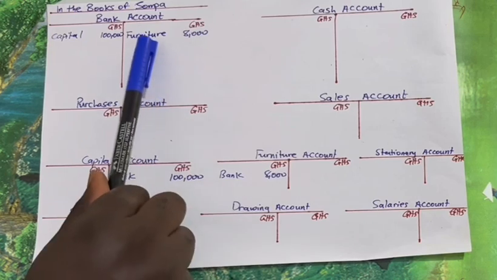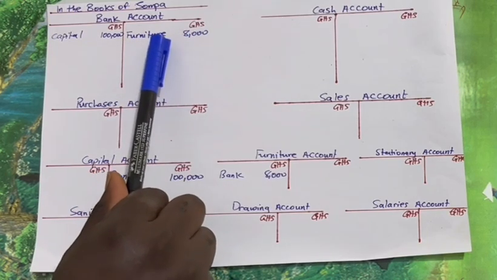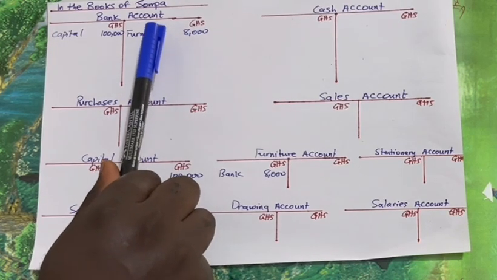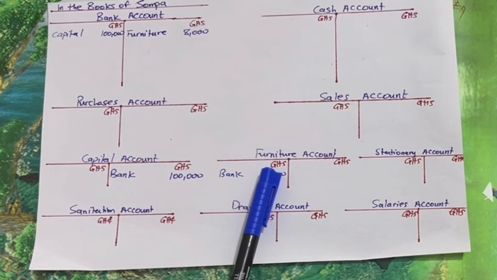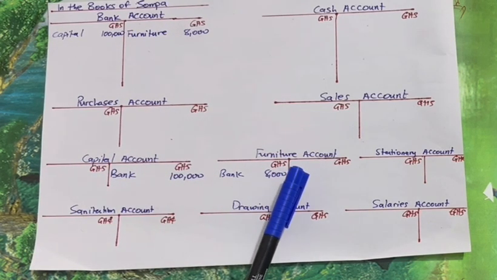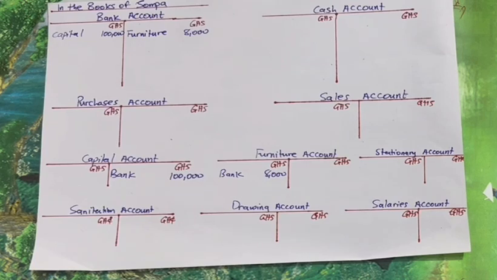So we've credited our bank account because it is reducing, and then we debit our furniture because the asset is increasing. Do we get it? On the third, the company bought goods for resale by check, 80,000. So it is between bank and purchases.